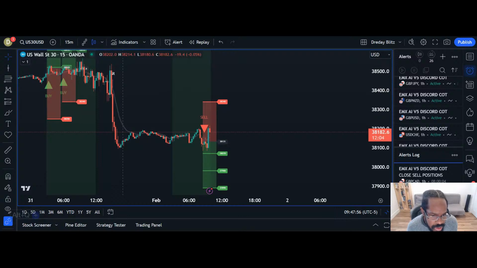We have the ISM manufacturing PMI in less than 15 minutes here. So we'll see how that will go. And we have some vehicle sales total for all day. So we'll see how that will affect the market too.